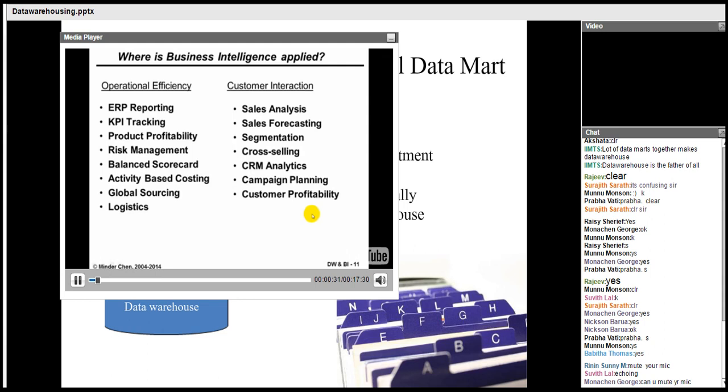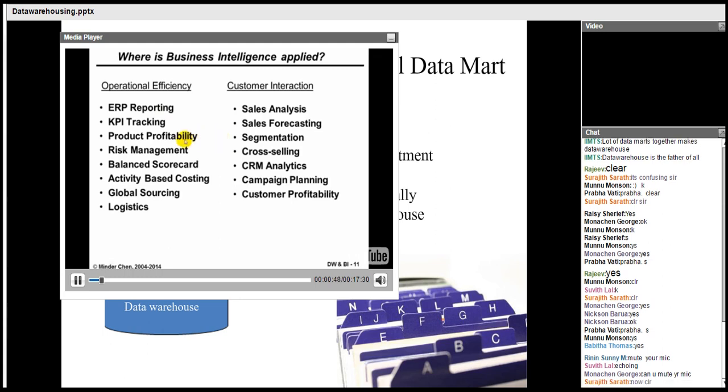First, let's look at where business intelligence can be used. BI can be used to improve operational efficiency by tracking and reporting our KPI, the product profitability, analyzing the risk in our operation. And we did mention producing a lot of KPI for balanced scorecard.